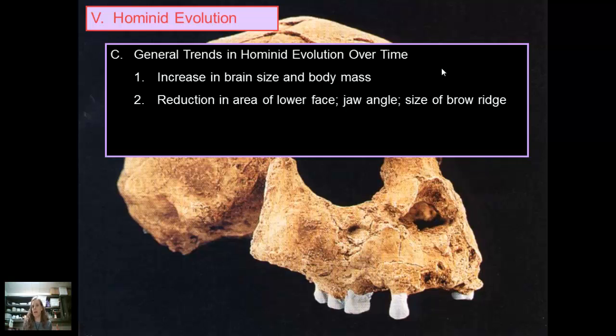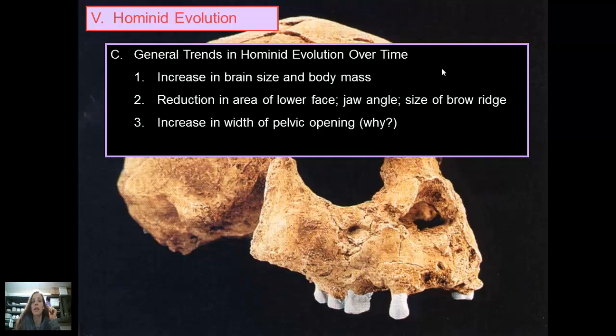This is unique in evolution. Typically, there's more of a direct ratio between jaw size and brain size, but as we began to cook our food, our jaws have become smaller and smaller because we don't have to process our food so much when we're eating it. And also our brow ridges have become less prominent, so they don't stick out as far.